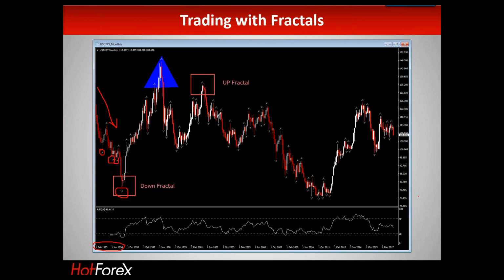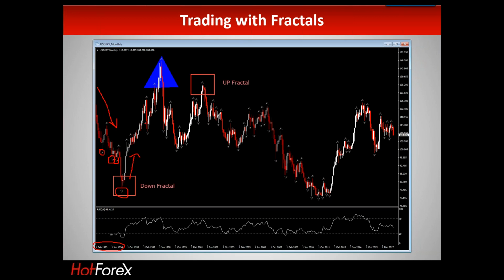So we have seen this hitting the bottom of the 79.75 area, again forming a down fractal, which later on a rally followed. A rally with 1, 2, 3, 4, 5, 6, 7, 8, 9 consecutive bullish candles.